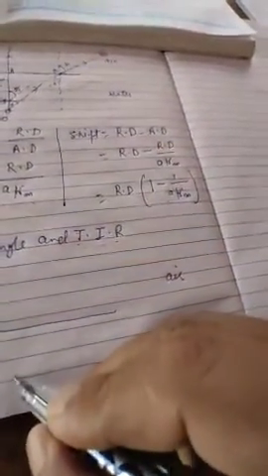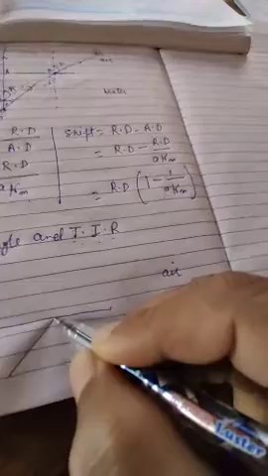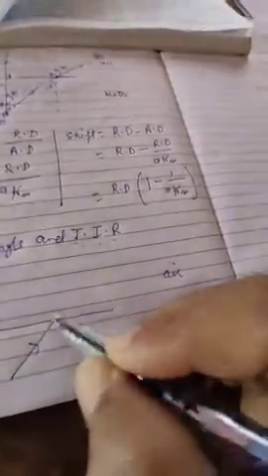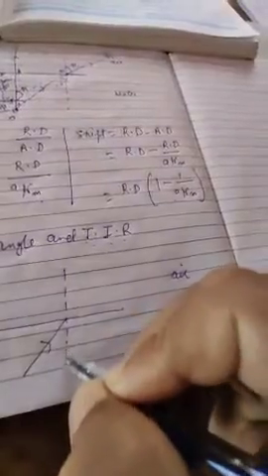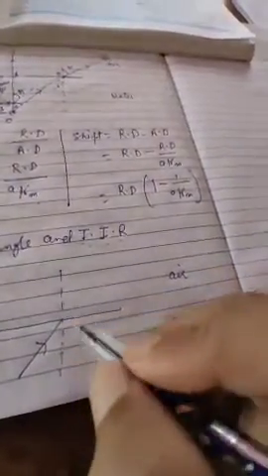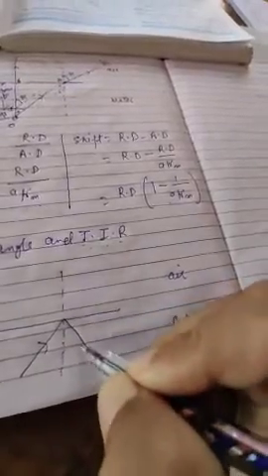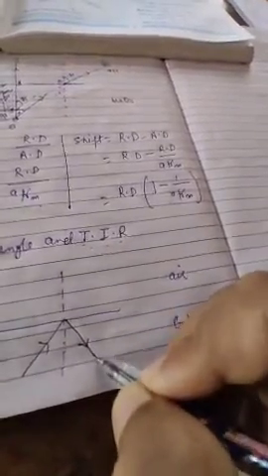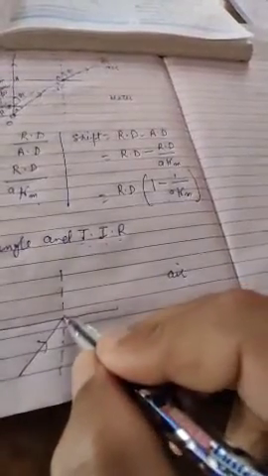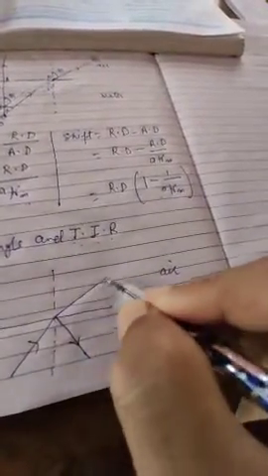Now let the ray of light come from the source, striking the boundary of separation of the two media. So what will happen? It will form a normal. As we know, partially it will get reflected, and partially it will get refracted.